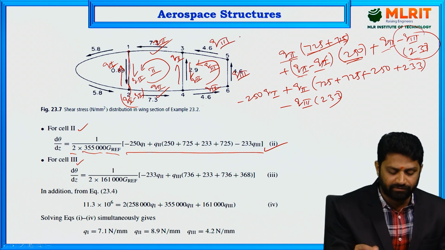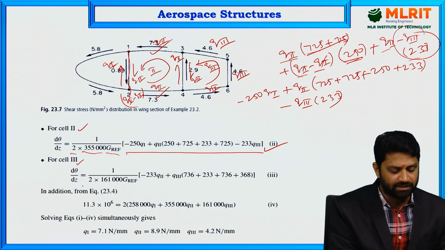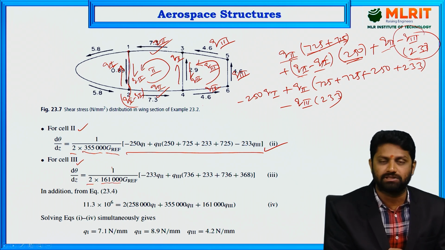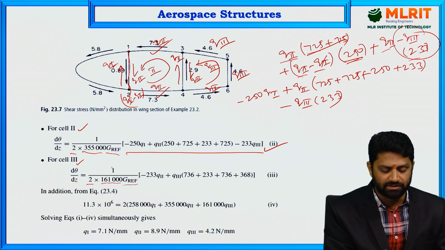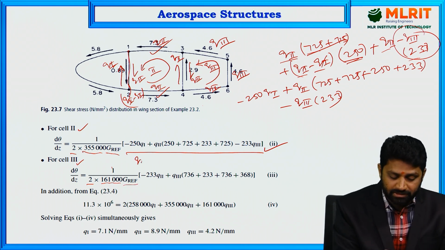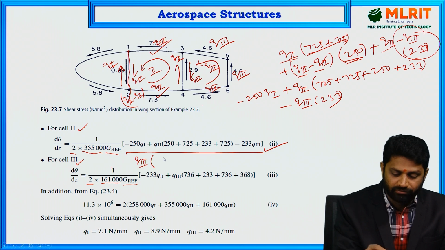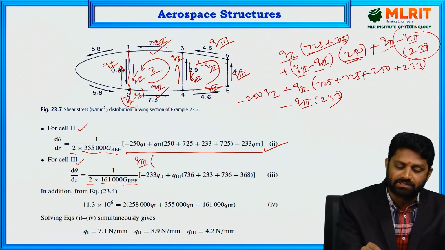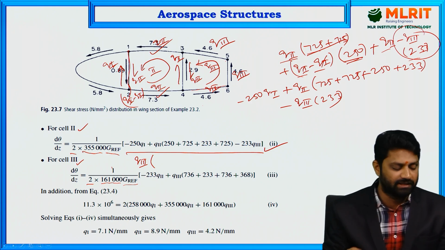So straight away you can write the rate of twist in the third cell, that is 1 by 2 into area of the third cell, 161,000 into G reference, and then when you try to write this equation, Q3 is common for all the 3 walls, so therefore Q3 of delta of 4 6, delta of 6 5 plus delta of 5 3, that you have to do.